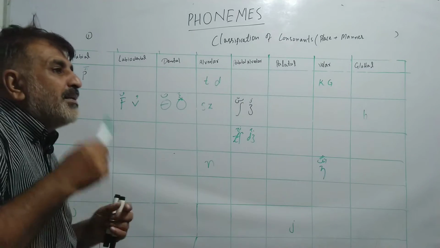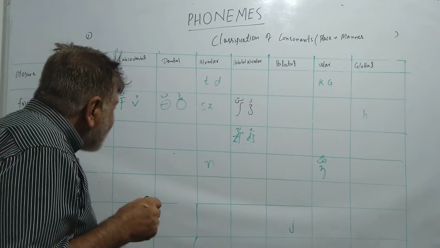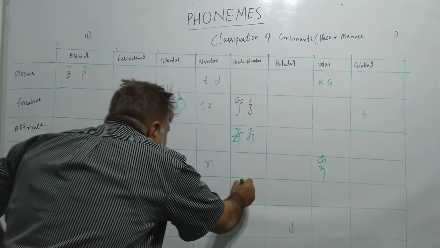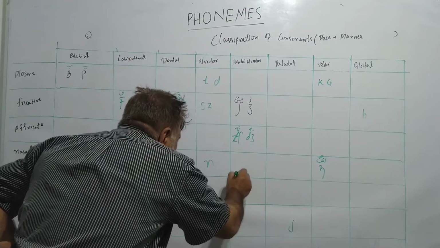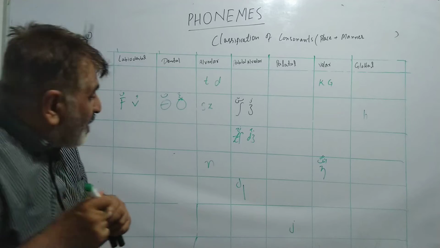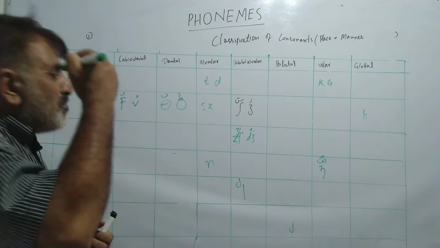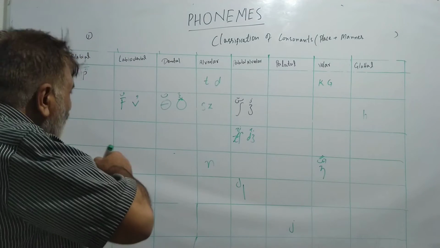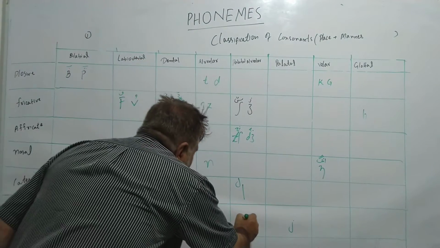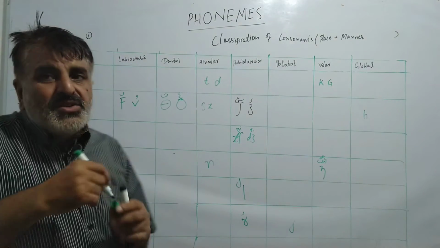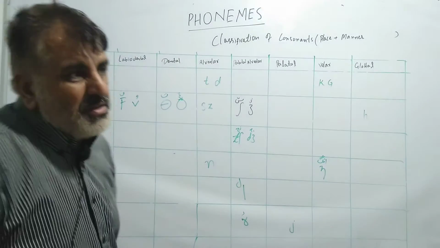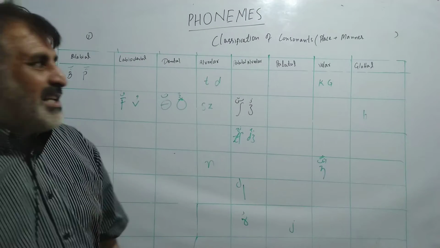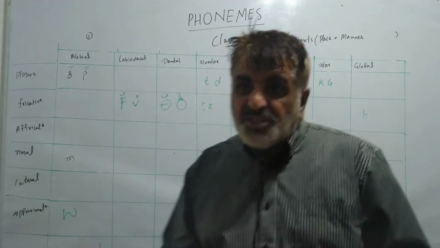So here you have the lateral sound la, which is part of palatal alveolar. One more sound, also an approximant, is the ra sound, because ra is also an approximant and a difficult sound, even in English.